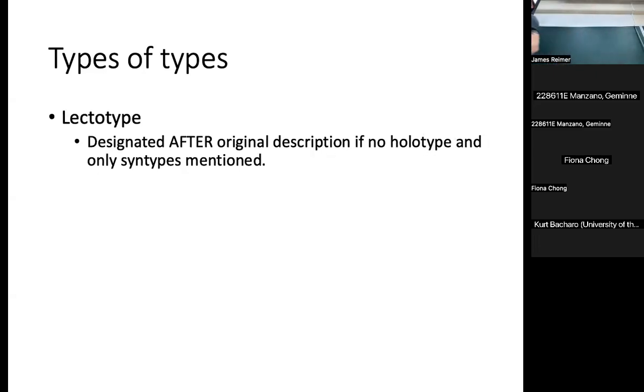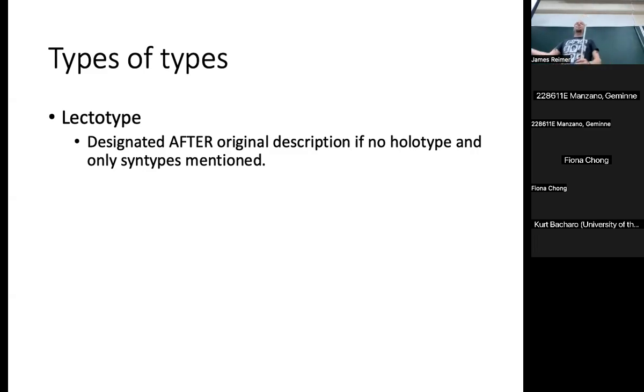There's one other type related to syntype. It's called a lectotype. If you find an old paper, and in the old paper there is no holotype, there are just many syntypes. If there's only syntypes, no holotype, and they don't even say syntype, they just say specimens, because all of these type ideas are newer, you need to choose one to be holotype, because a name is attached to one specimen.